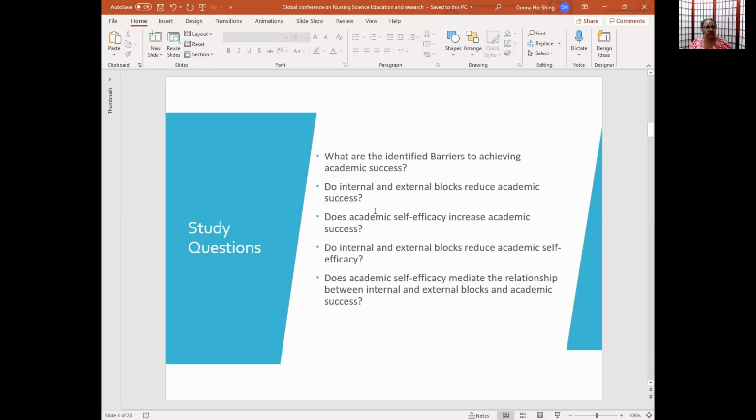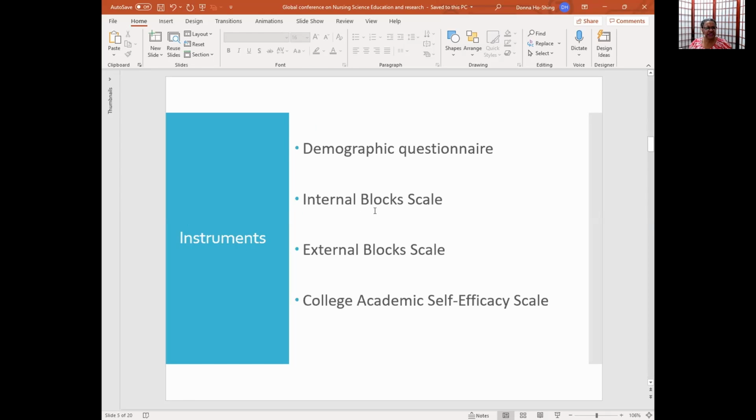That's the reason why I used these instruments. In terms of collecting the data, I used a demographic questionnaire, and an internal block scale and external block scale that was created by Dr. Arathusiak, and I received her permission to use these scales.